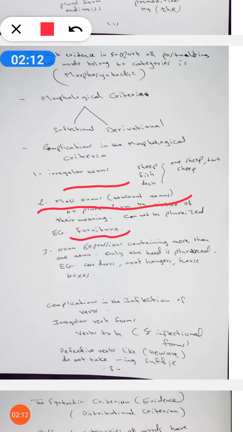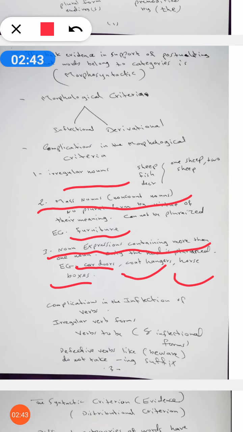But the third main problem or complication in the morphological criterion is that sometimes we have noun expressions. And we have phrases. In the noun expressions, as in these examples, only the head can be pluralized, as in car doors, or coat hangers, or horse boxes.